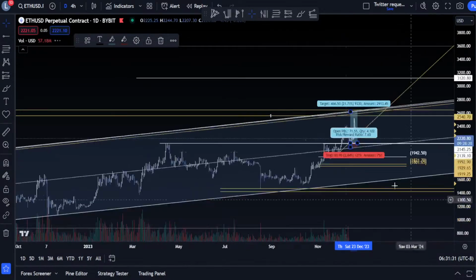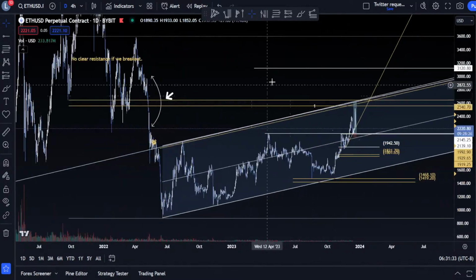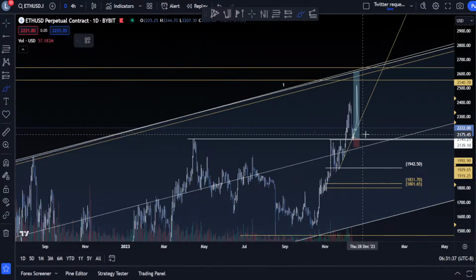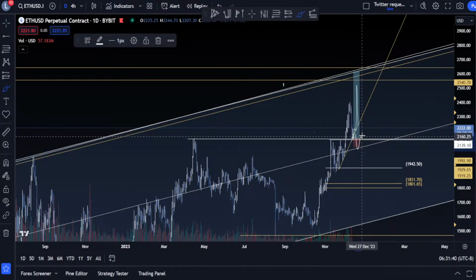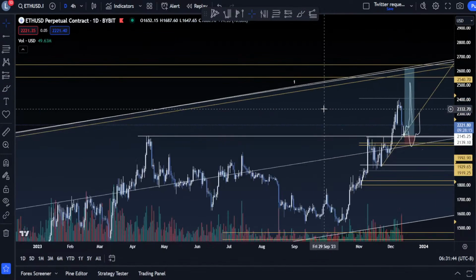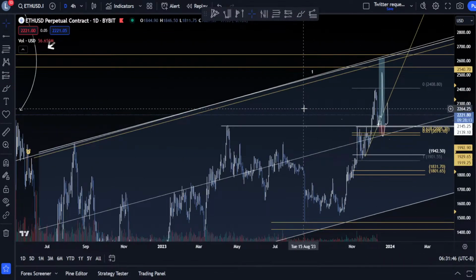We haven't tapped it yet. This golden pocket, I don't think it'd be unreasonable. Break down this channel. The golden pocket's right there in the center of the channel.